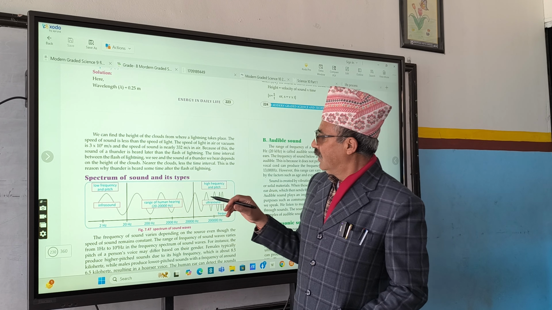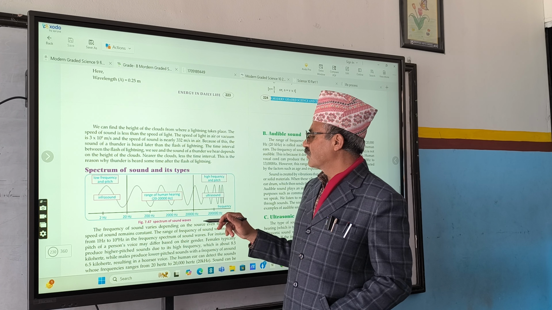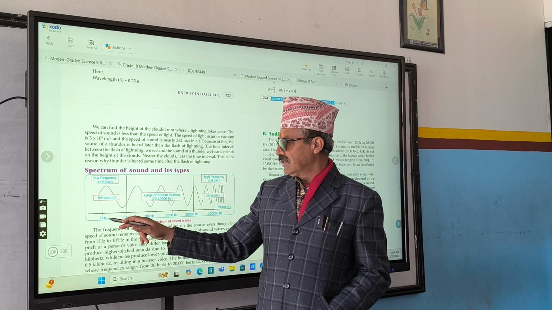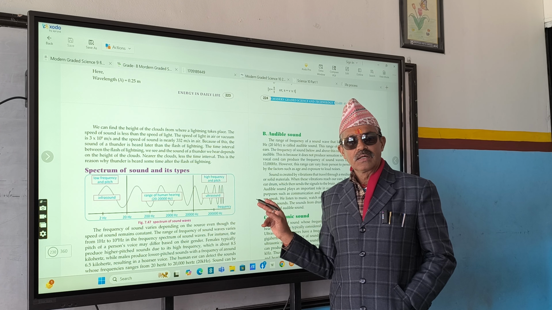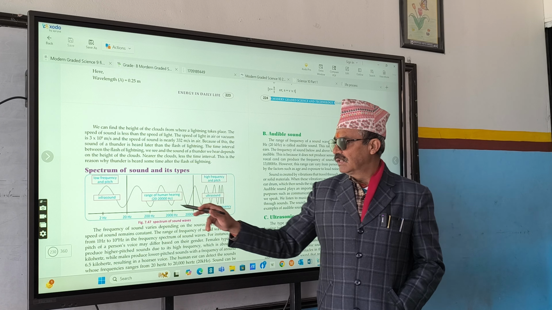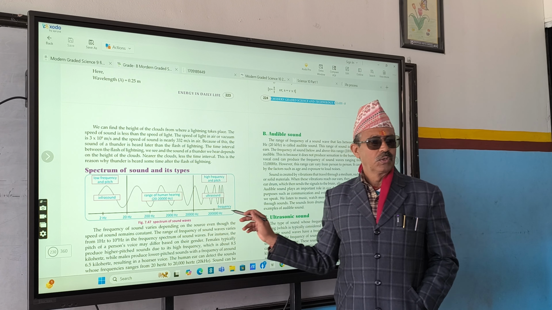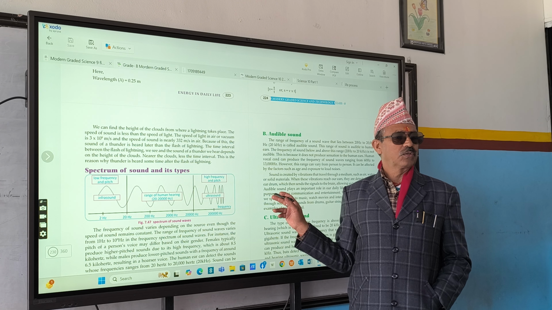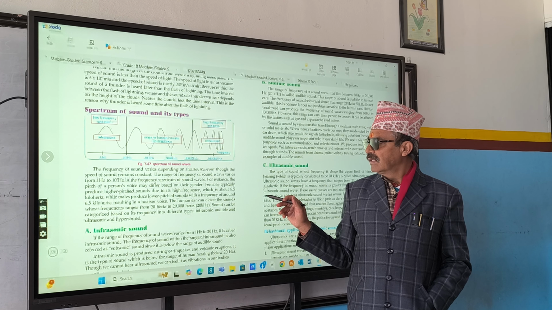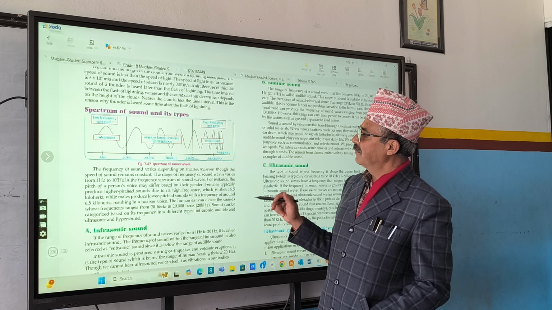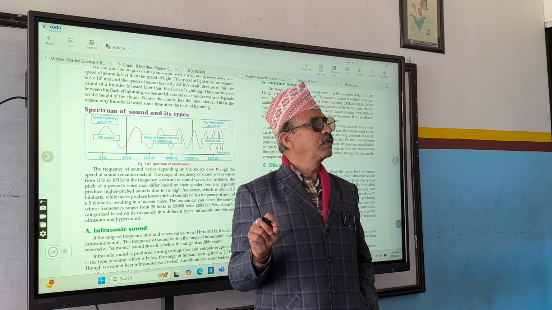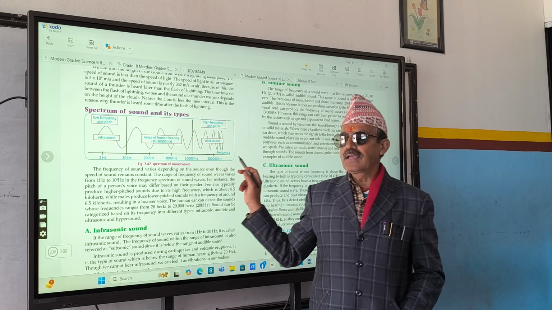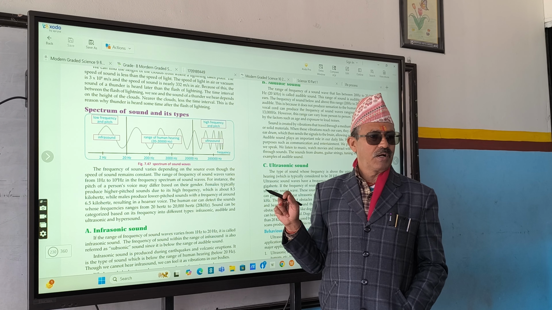So, this spectrum of sound shows frequency, from lower frequency to higher frequency, 0 to very high. That means here we have to keep in mind that in lower frequency the sound travels very slow. In higher frequency the sound travels very fast.